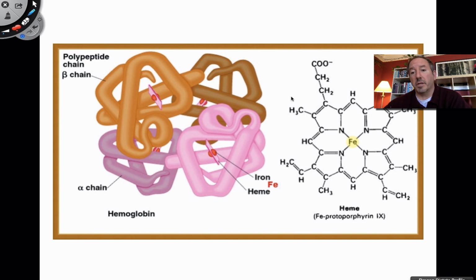And so if you look over here in this picture, this is a close-up of the heme group. Now the heme, for those biochemists out there in the crowd, you might recognize that this circular ring of carbon with this nitrogen group looks a lot like a porphyrin group, which is in chlorophyll, the green pigment in plants.